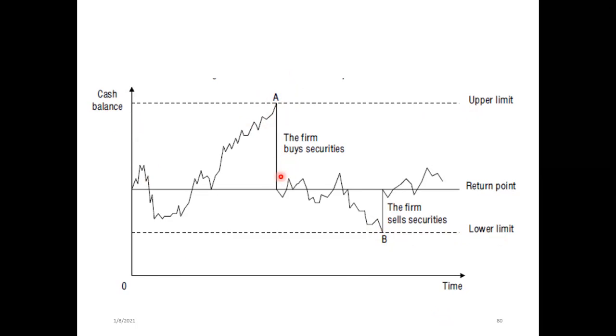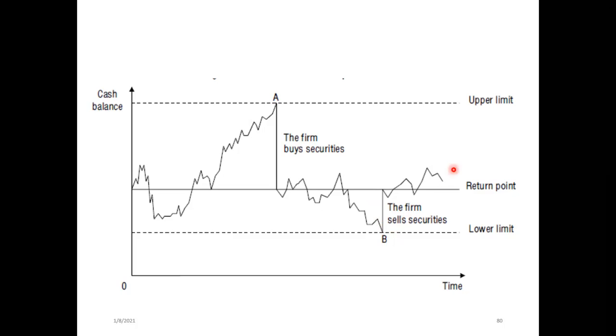They have additional, surplus cash, so they purchase securities. Once the firm's cash balance reaches point B, it is a signal that the firm is in a cash deficit position. Therefore, the company tries to sell its securities, right?